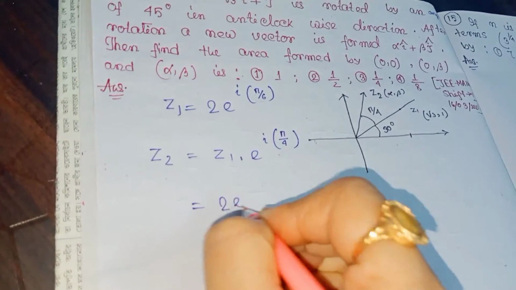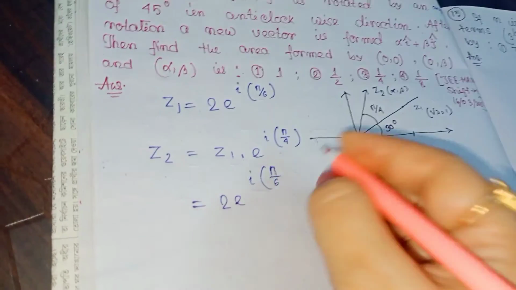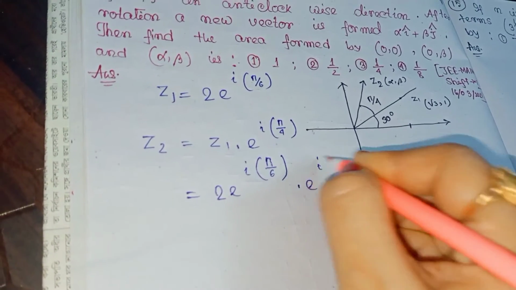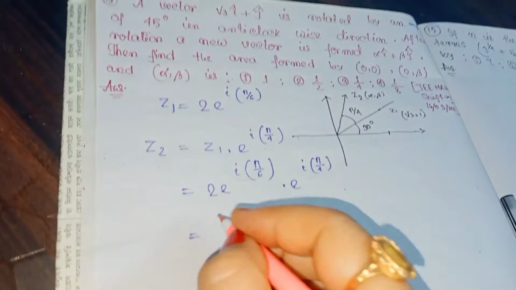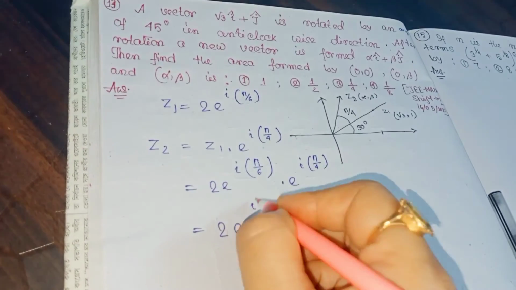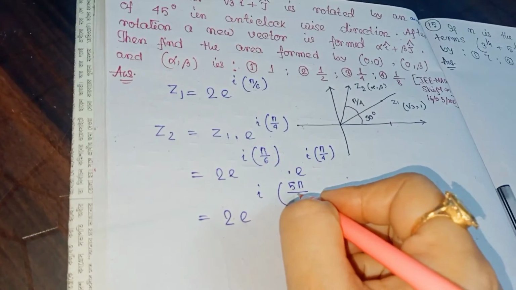It is 2 into e to the power i pi by 6 into e to the power i pi by 4, which is equal to 2 into e to the power i into 5 pi by 12.